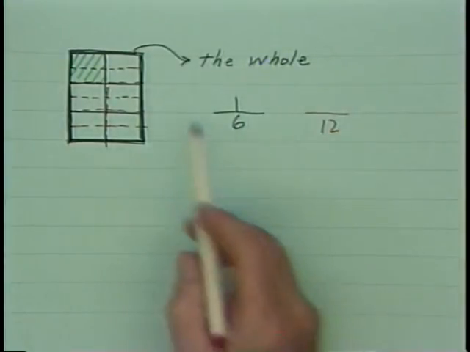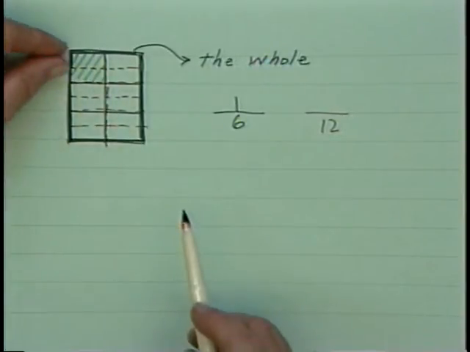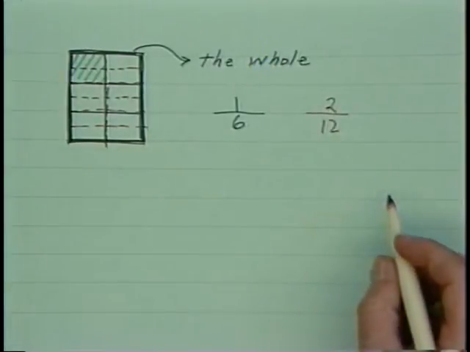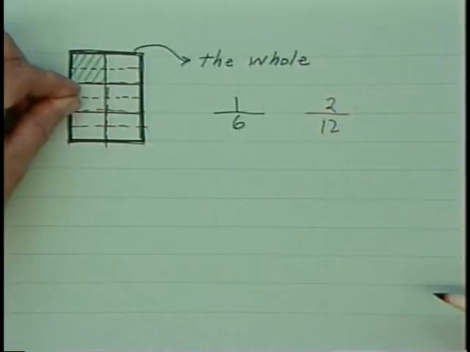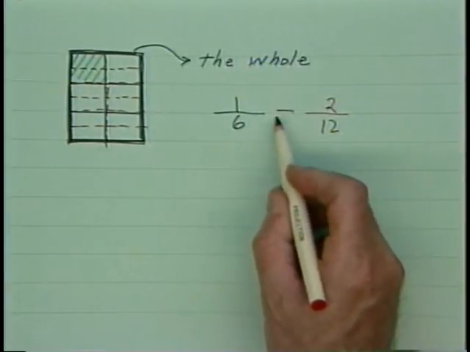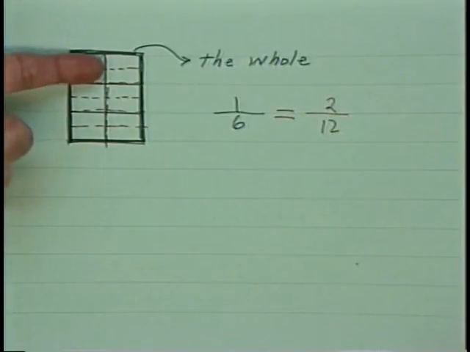But of the 12 smaller squares, now I want 2 to capture all of that green piece. So 2 out of 12 of the very small squares is still the same amount, and we'll say it with an equal sign, as one of the larger square as far as being the part of the whole.